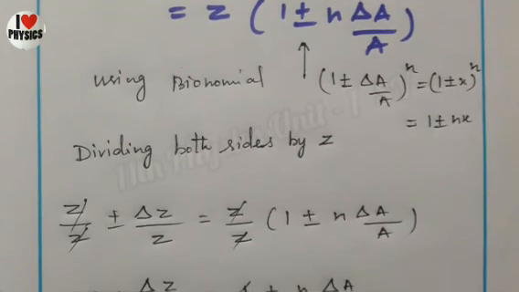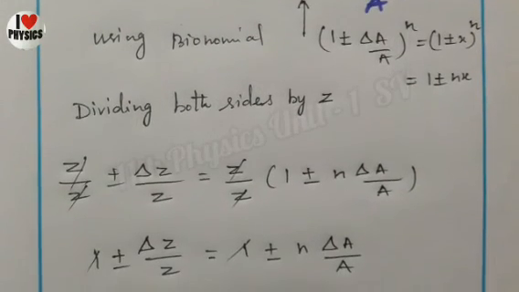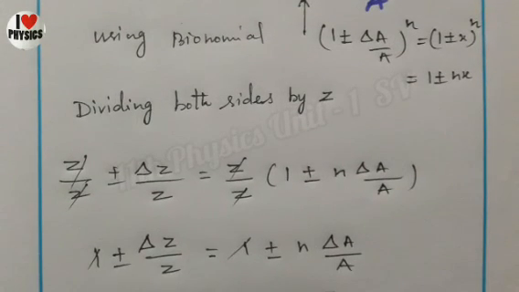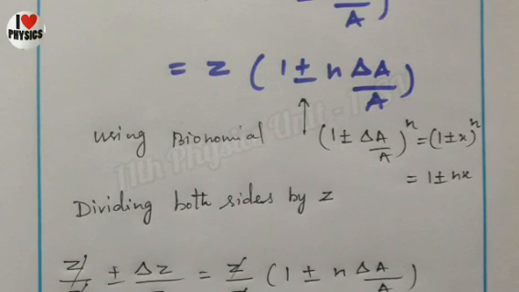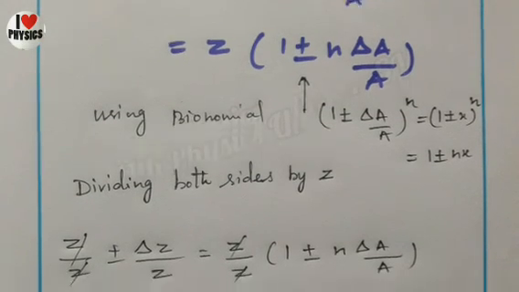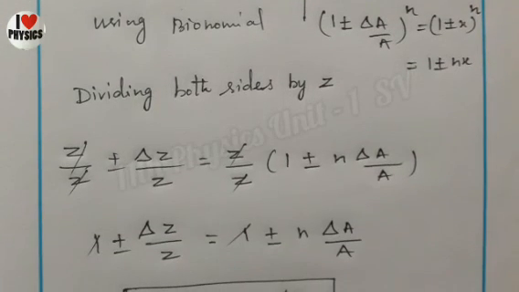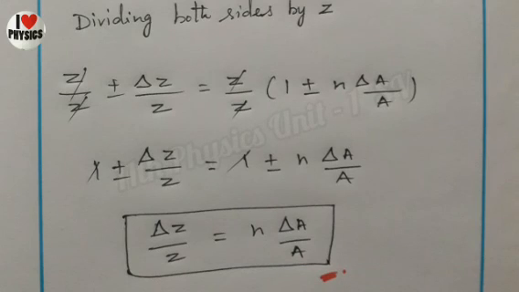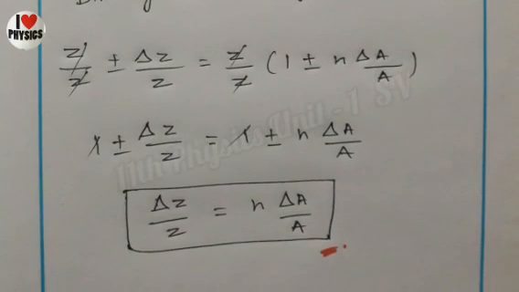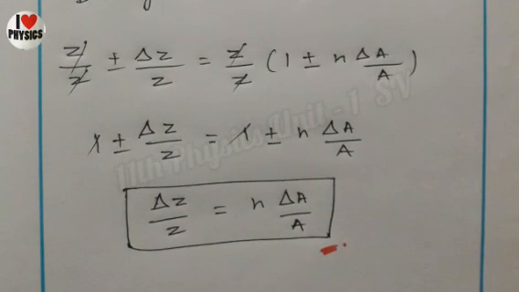Dividing both sides by z. On the left hand side, one part z divided by z is cancelled and the second part del z divided by z is there. It is equal to the right hand side, z and z cancelled. So 1 plus or minus n del a divided by a. Then on the left hand side and right hand side 1 is cancelled.